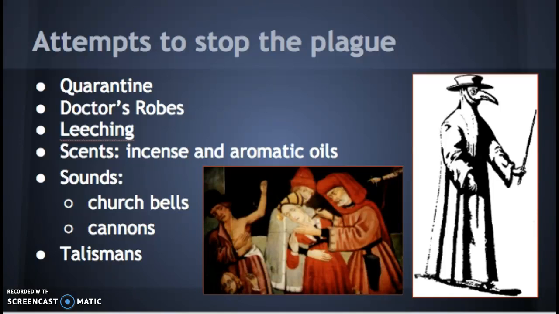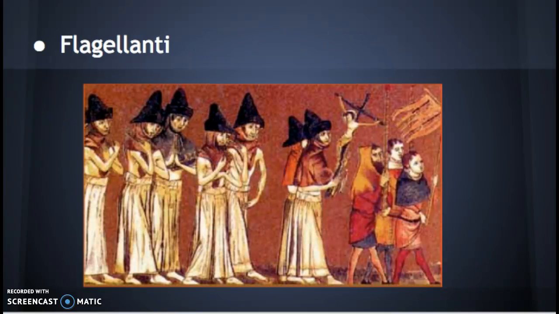So the ringing of church bells was very common in villages, just constant church bell ringing to try and keep the plague away, or cannons going off to keep the plague away. People would also carry talismans around with them to try and keep the plague away. None of these things obviously worked, but people had a lot of different ideas about what could happen.